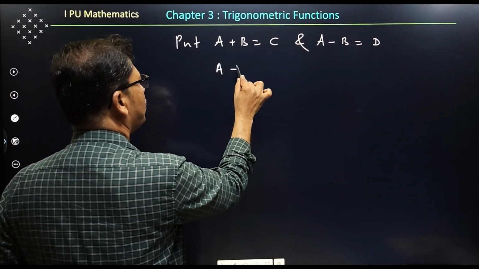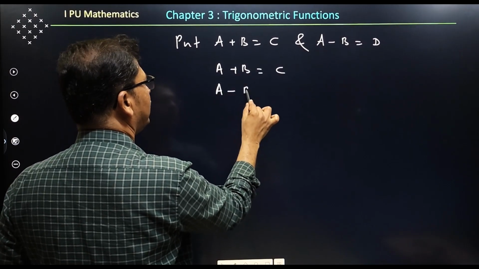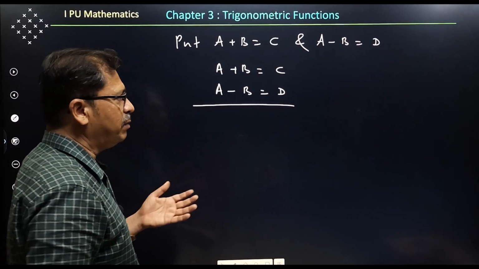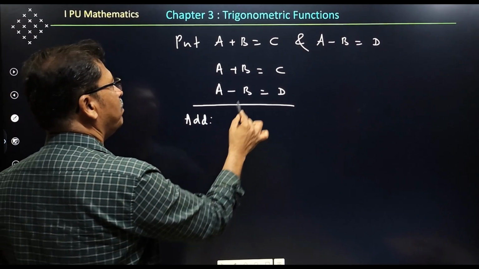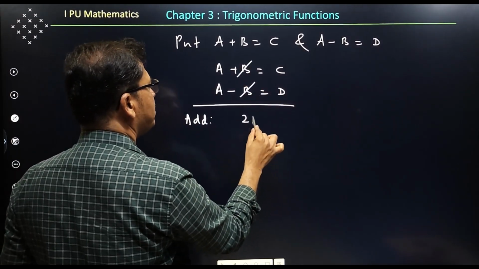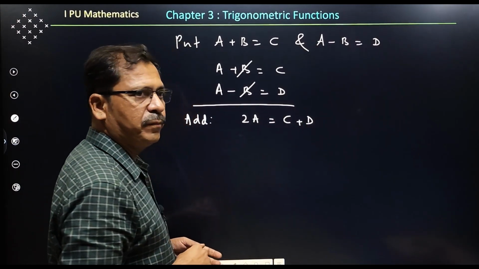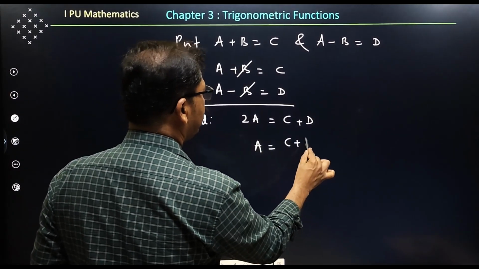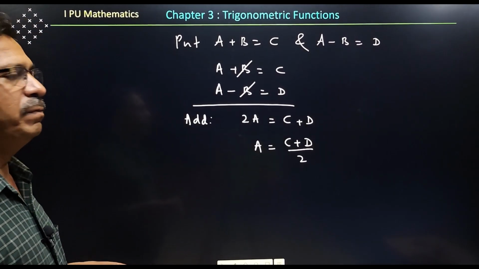A plus B is equal to C, A minus B equal to D. If you add up these two, what happens? Plus B and minus B cancel. A plus A is 2A, which is equal to C plus D. Then A is equal to C plus D divided by 2.